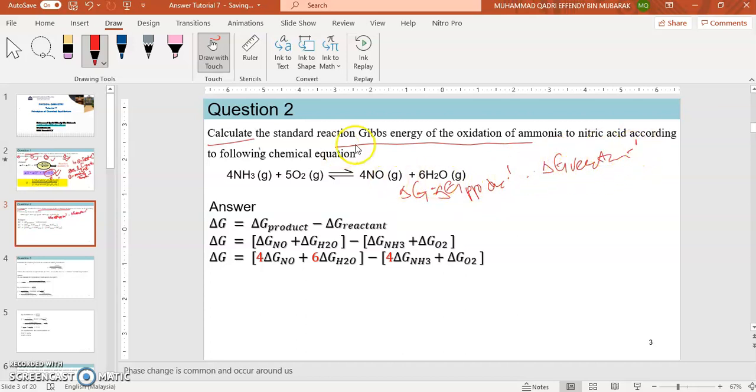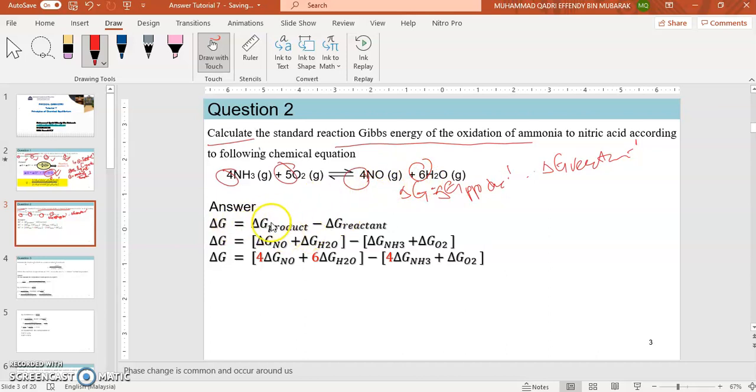And remember that we have numbers here, so it means that 4 moles of ammonia react with 5 moles of oxygen gas, and it will produce, at equilibrium, 4 moles of nitrogen oxide and also 6 moles of water.